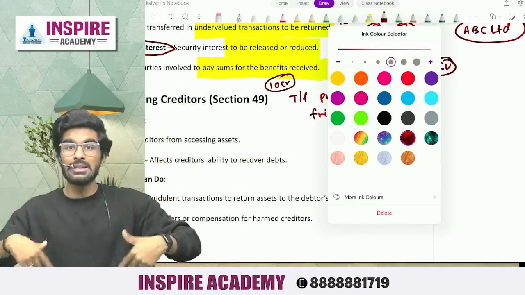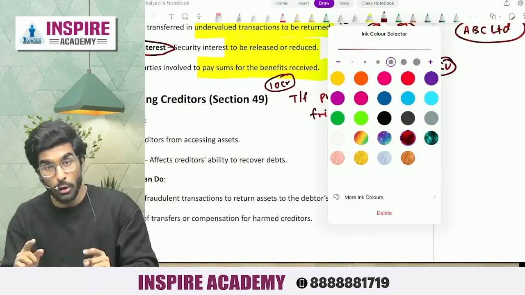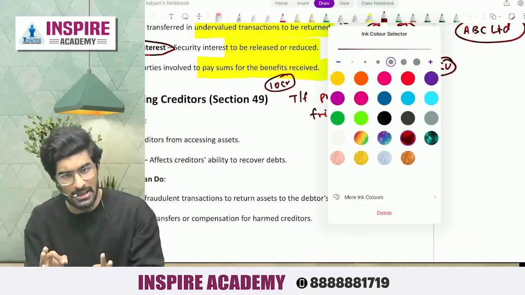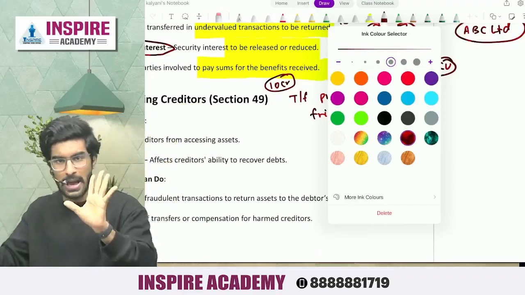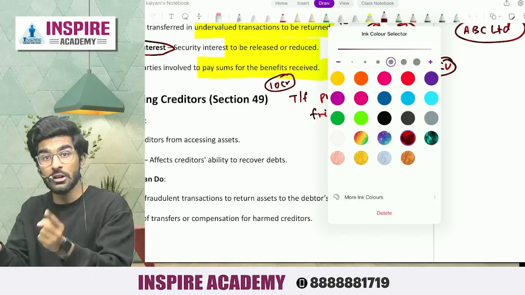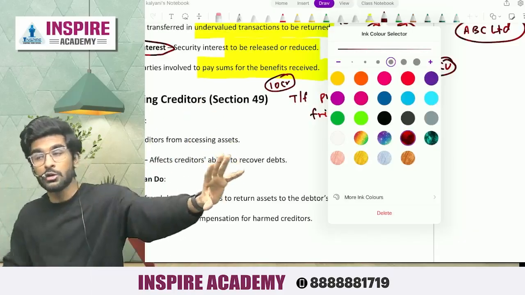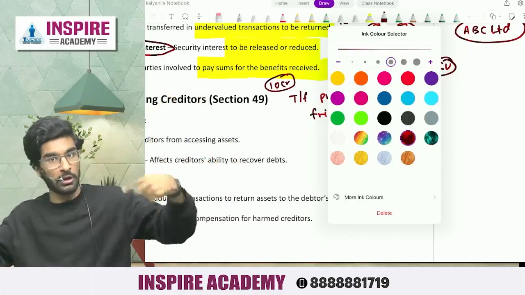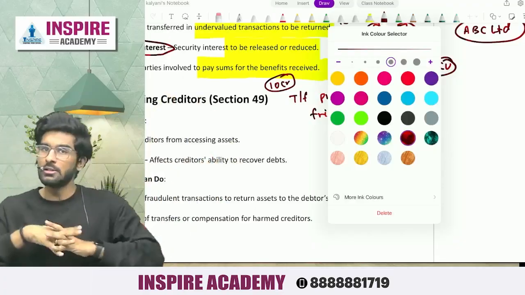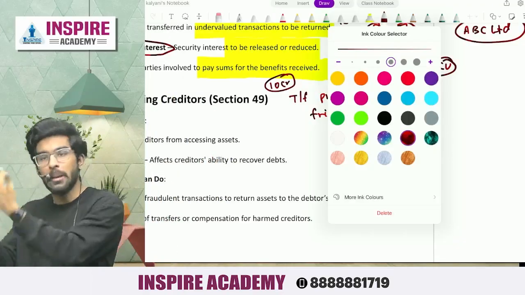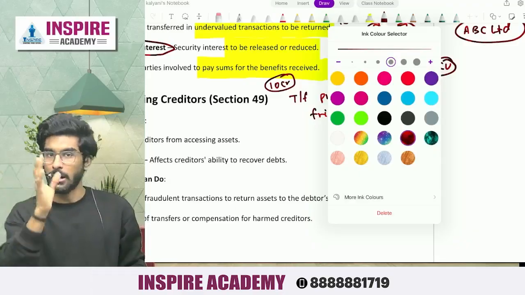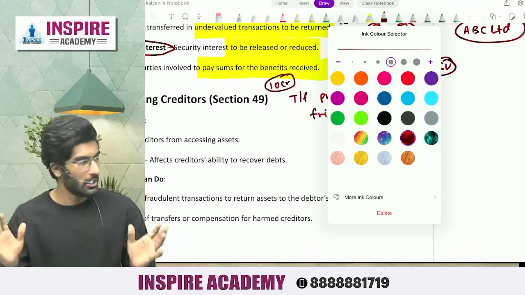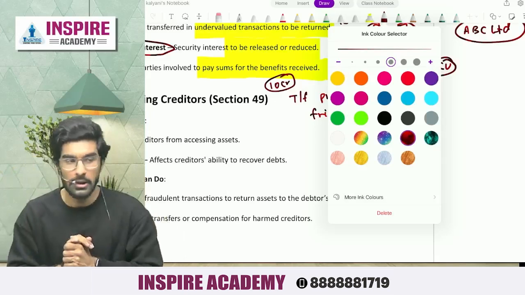That is called assets sold to defraud the creditors. You are selling the asset at a far lower price. Yes, that is agreed. But what is the intention? Your intention is creditors should not get hold of these assets. Your intention is, after insolvency is done, I will take back the assets from my friend. People, then it is a completely void transaction. It is a completely unlawful transaction.